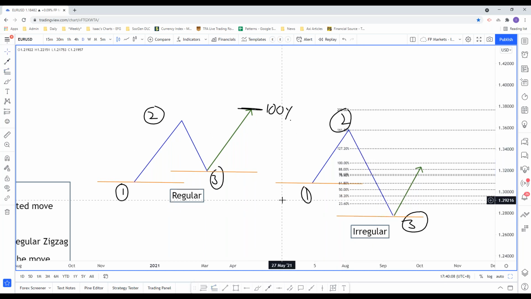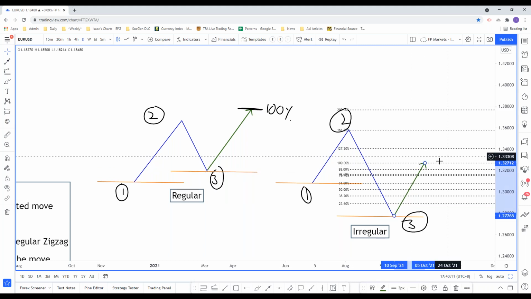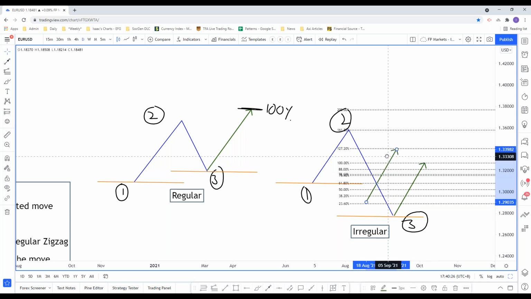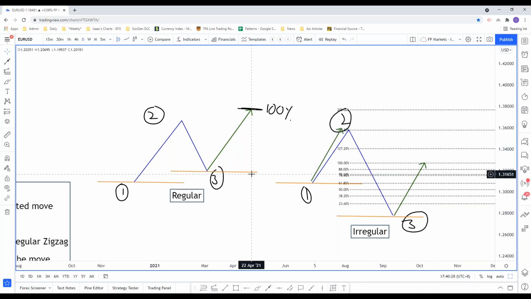So you can see the story is the same. When price bounces up to point 4, the ending point, at the 100% key level, what this means is that price has expanded or projected 100% of the original move. They are not exactly parallel, but the distance that price has covered is the same.